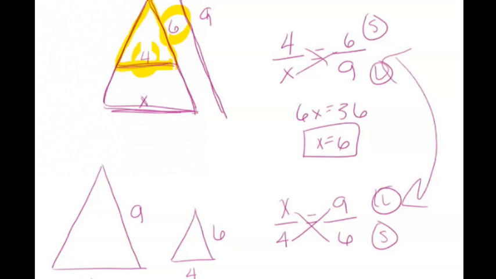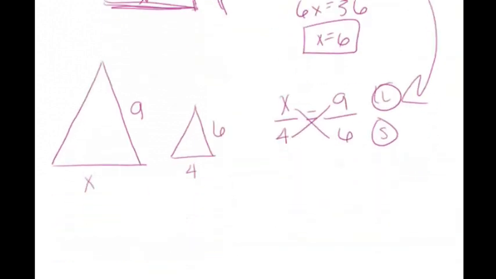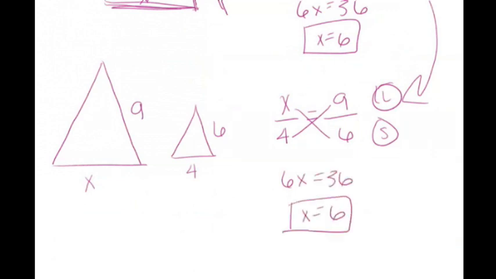So as long as you are setting up your proportions appropriately, using the corresponding sides, and being consistent with what triangle is on top and what's on bottom, then the order that you write it in doesn't matter. And you'll see that here. Because again, I get 6x equals 36 and x equals 6. So as long as we follow the rules, we should all get the same answer.